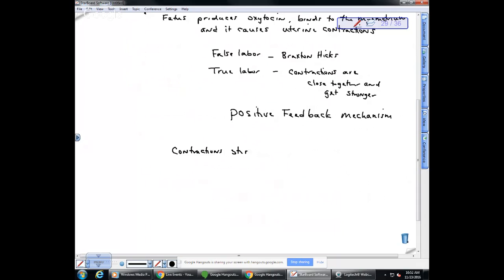So the contractions stimulate more oxytocin to be released, and this time it can be from the mother. So more oxytocin released, right? Contractions stimulate more oxytocin to be released, okay? And then the increase in oxytocin causes stronger contractions.